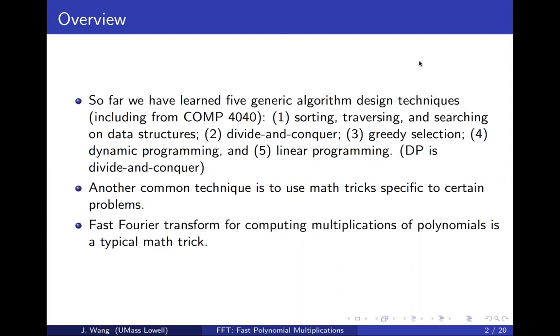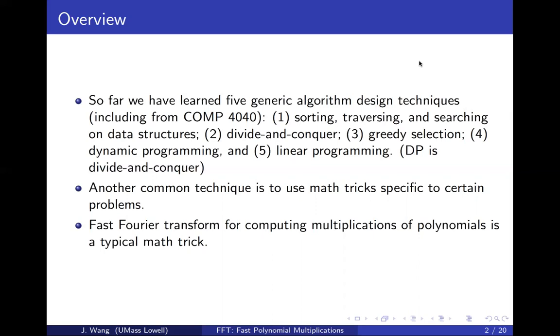So we use this technique to design faster sorting algorithms, for instance, merge sort, heap sort, and quick sort. So they are divide and conquer. And then we learned dynamic programming and greedy algorithm or greedy selection and linear programming in this course so far.